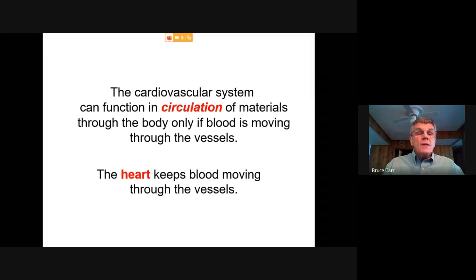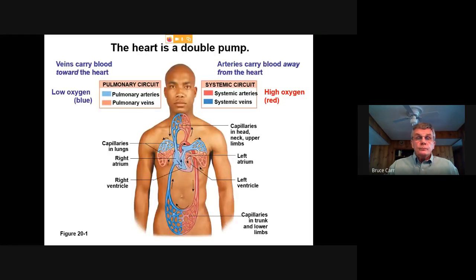So we're going to talk about circulation of materials through the body, just like an ocean water current that's bringing in supplies, bringing in nutrients, carrying away waste. It's the heart that keeps that motion going. And our blood pressure, which fluctuates always on a positive side, 120 to 80 millimeters of mercury of pressure, means that the blood is constantly moving.